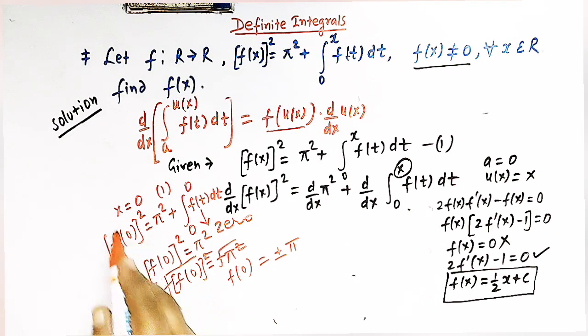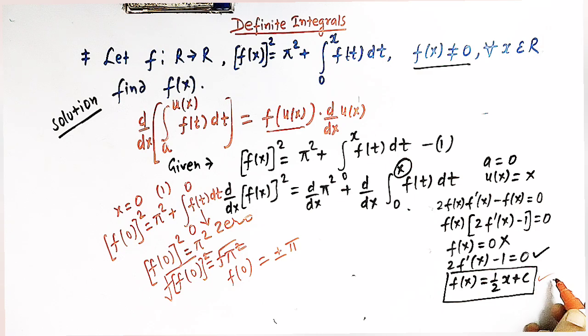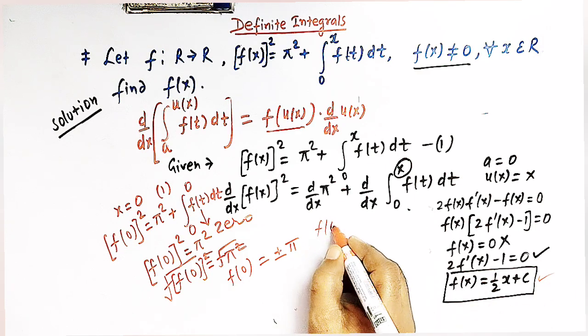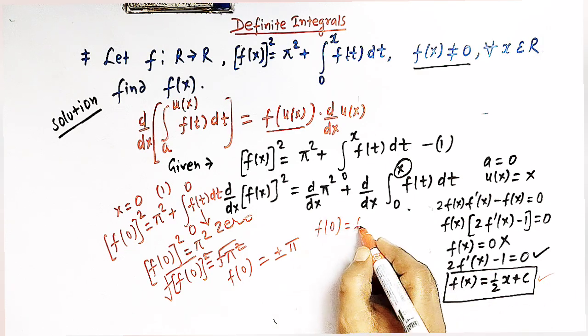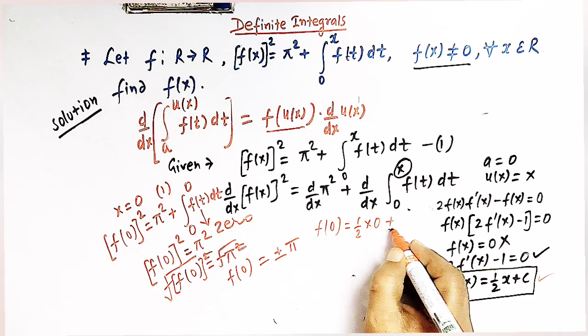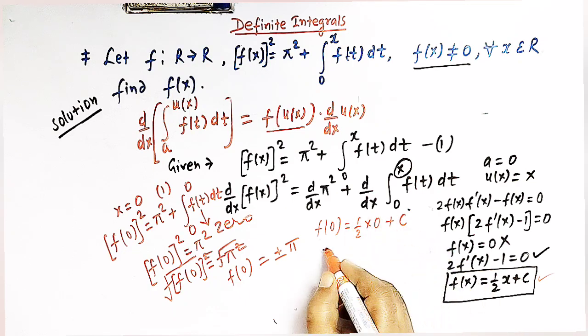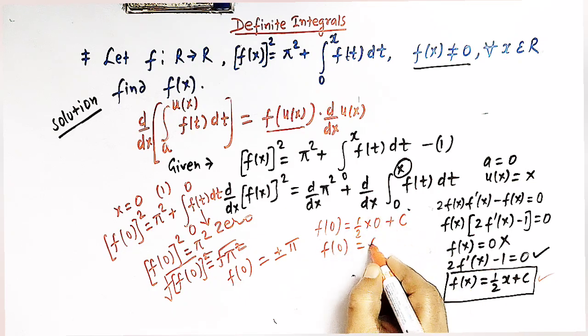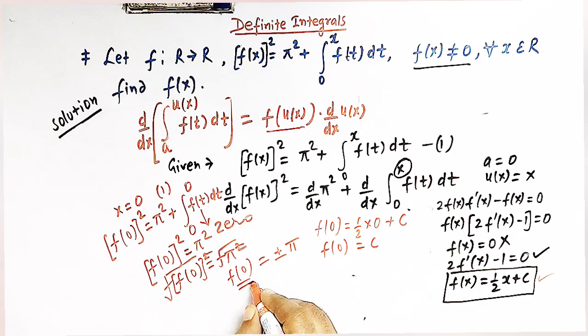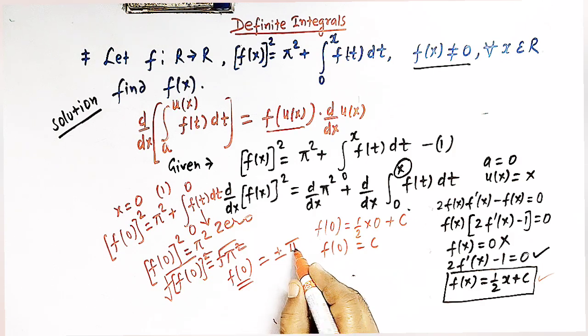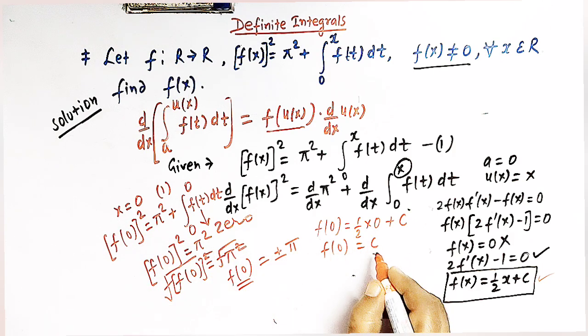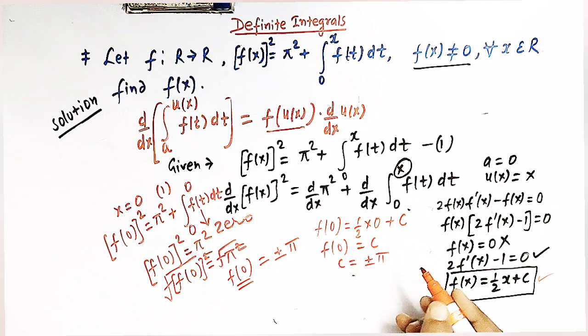Now let us take x is equal to 0 in this equation. So we have f of 0 is equal to half times 0 plus c. This term is 0, so we have f of 0 is equal to c. Now f of 0 is equal to plus minus pi when x is equal to 0. So we have c is equal to plus minus pi, right?